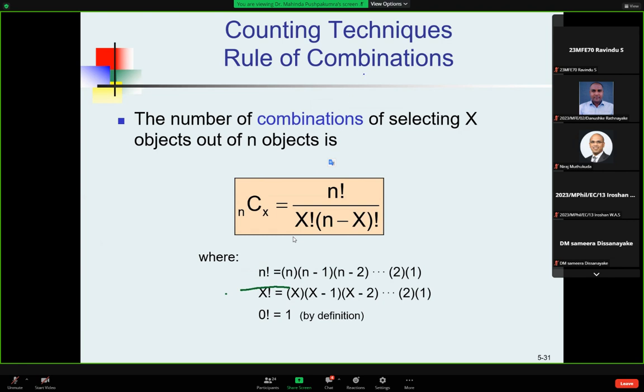This is the formula you can use to identify the number of combinations or number of arrangements. We call it nCx.